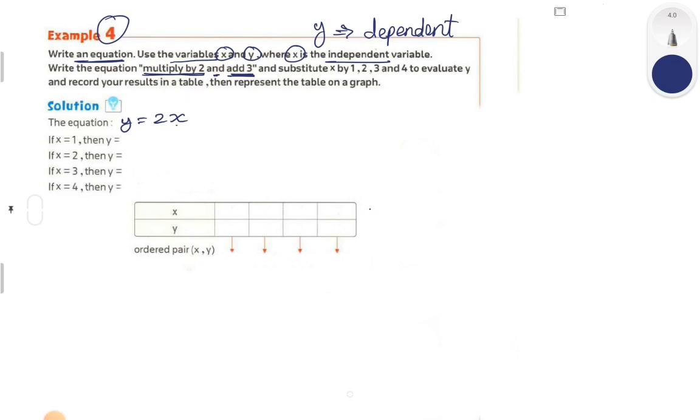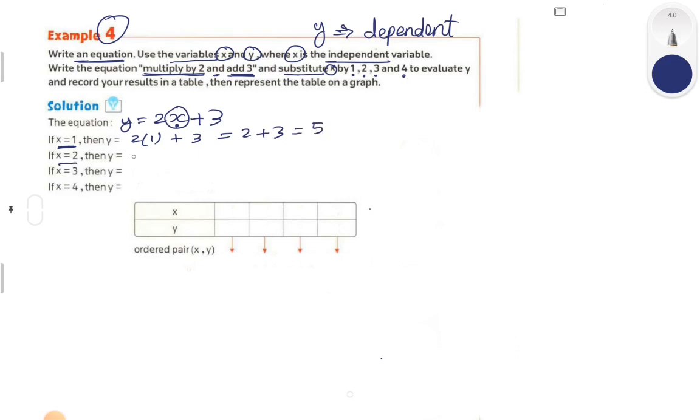Multiply the independent x by 2, then add 3, then substitute x by 1, 2, 3 and 4. We have 4 values for x, then I will have 4 values for y. Note with me, if x equals 1, then y equals what? I replace x with 1, so y equals 2 by 1 plus 3, 2 by 1 equals 2, plus 3 equals 5.